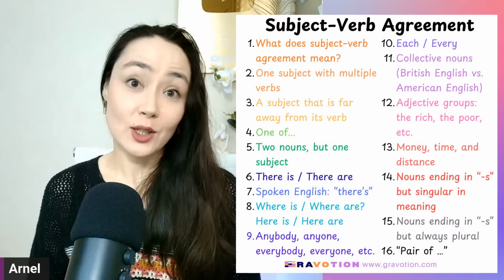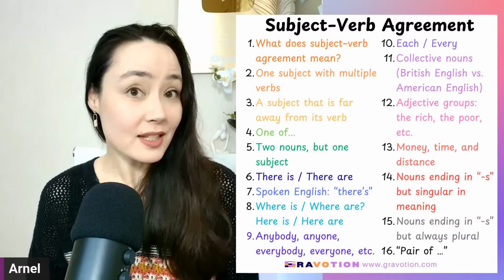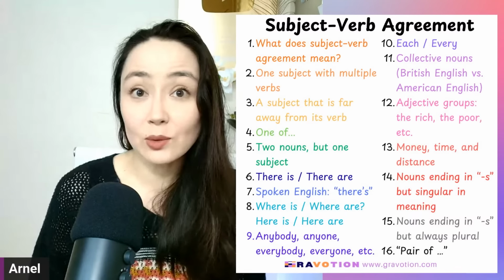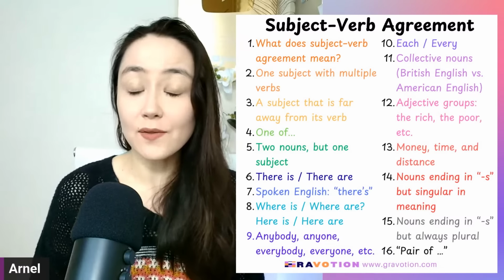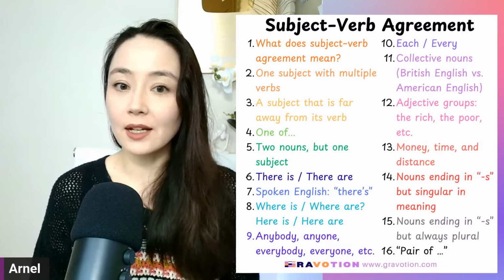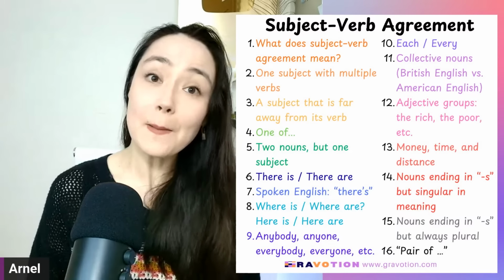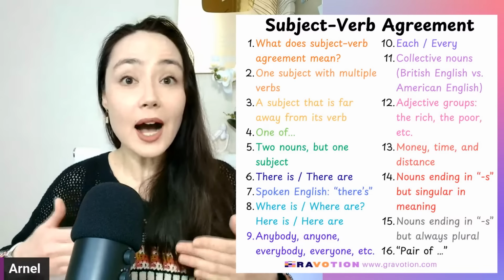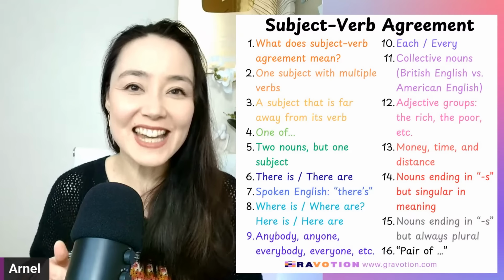Okay, look at my first slide. We have 16 points to get through. We are going to look at subject-verb agreement. This is a pretty big topic, so I'm going to go through everything step by step.